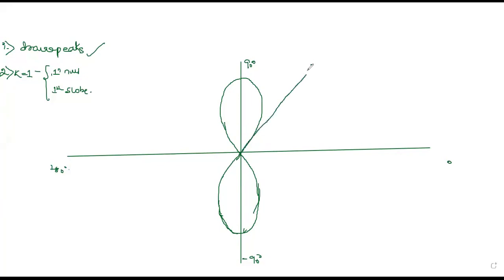So draw this plus 60. Similarly, draw minus 60. Next, another value you have, that is 120. Draw it beside your major lobe. This is 120 degree. Similarly here.